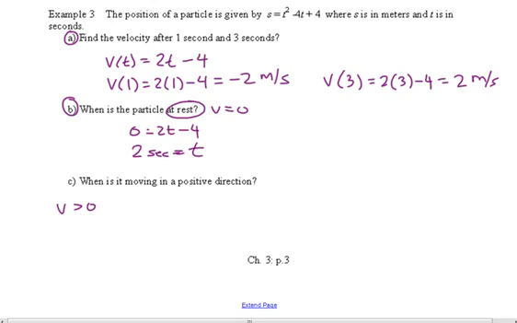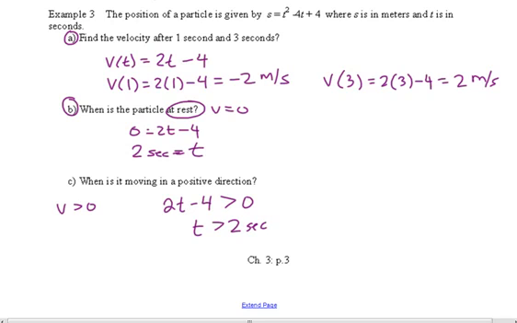It's easier for v, because if v is positive, it's moving in a positive direction. If v is negative, it's moving in a negative direction. So we're just solving when is it moving in a positive direction? When t is greater than 2.